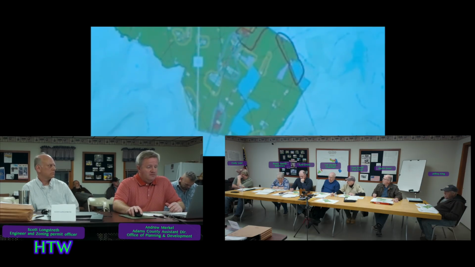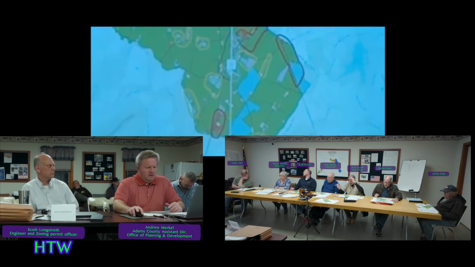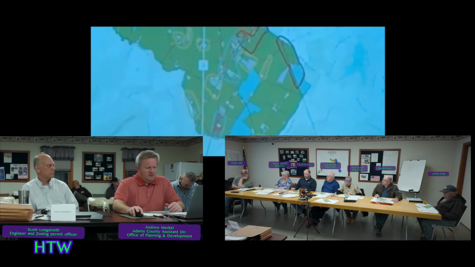As part of that discussion, we talked about maybe this area over here along 94 as a potential area, and we talked about the difference between the areas up here.